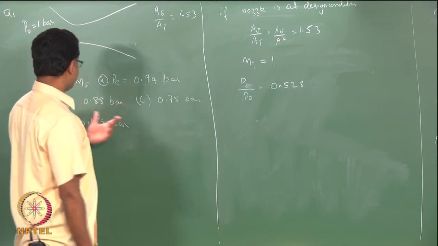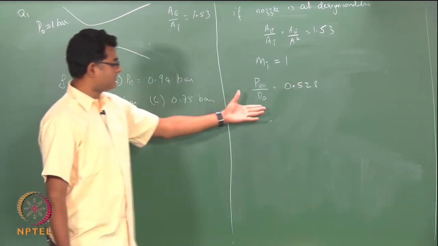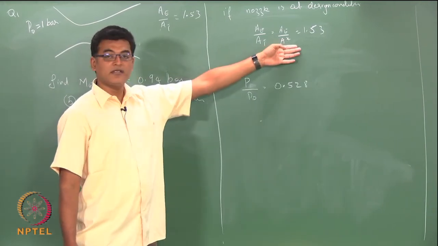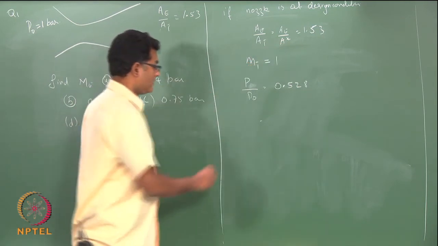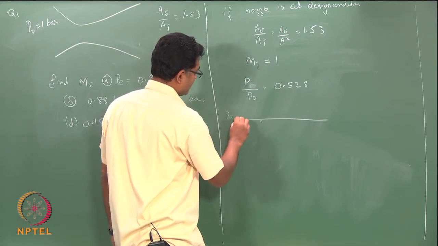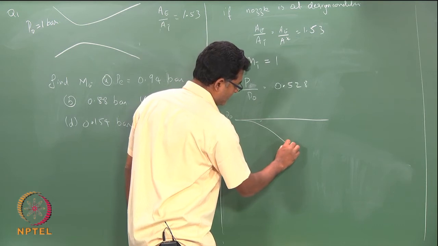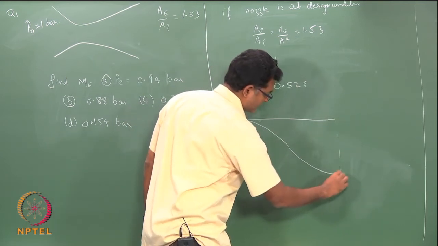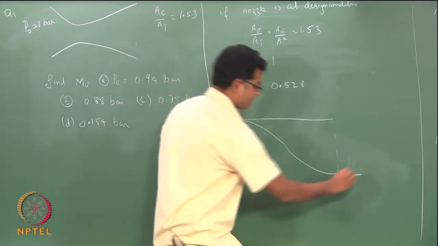So, if the pressure ratio is such that this particular pressure ratio is reached, you would see a design condition. If I plot the pressure values, P0 1 atmosphere goes to some value and then it takes to a supersonic, which is your design condition.